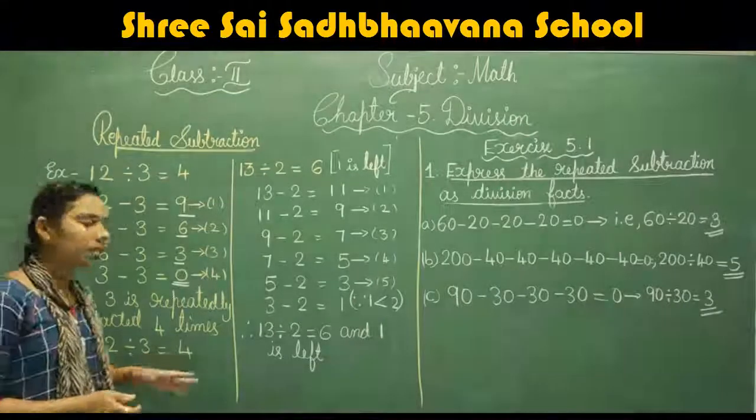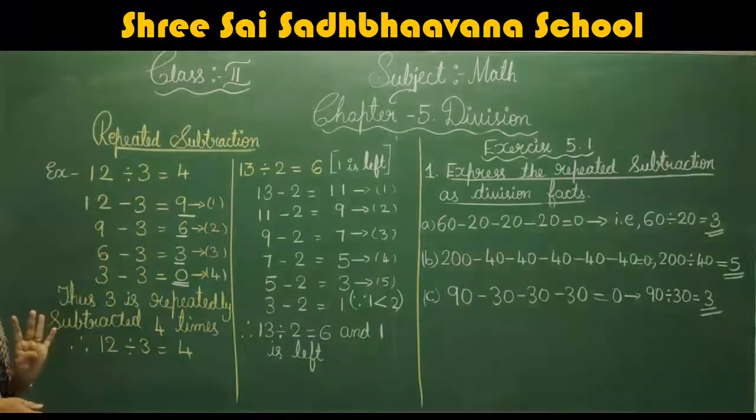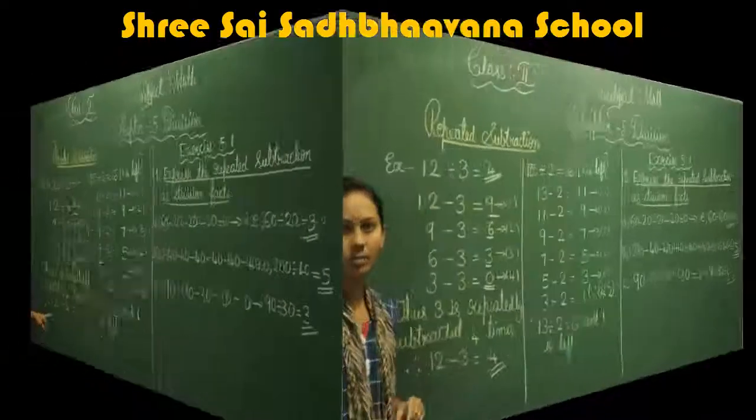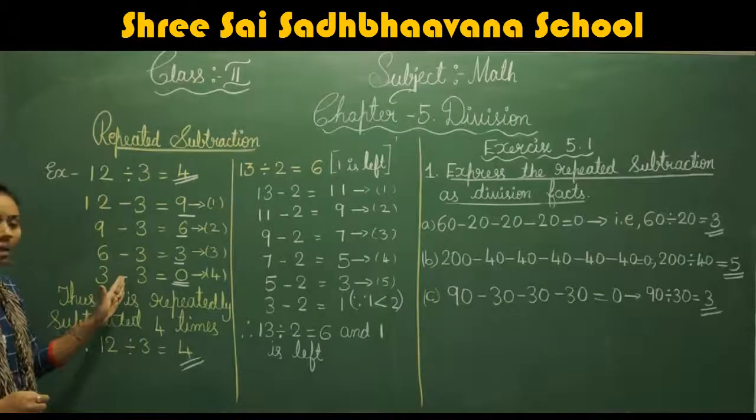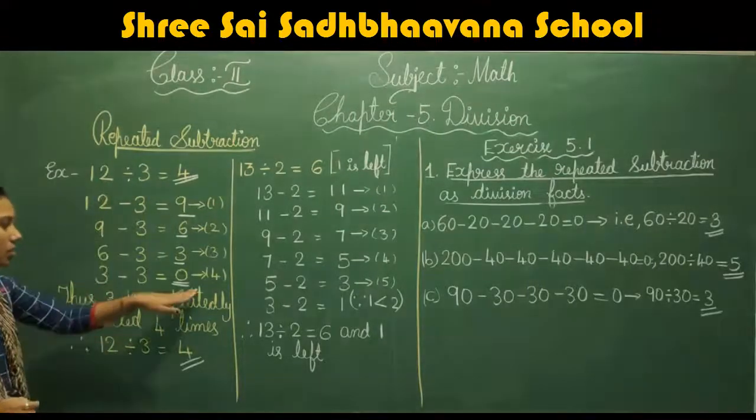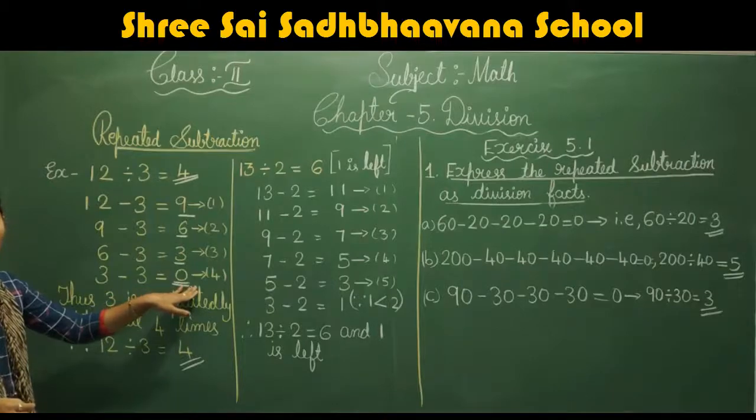So 3 is subtracted 4 times. We repeatedly subtracted the number 3 from 12, and at last we got the answer 0.